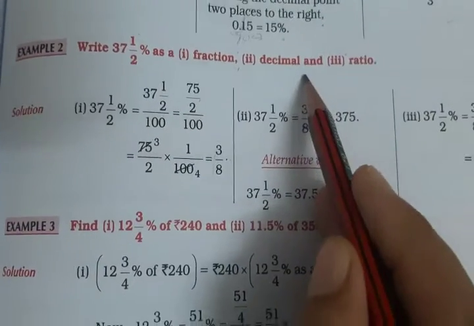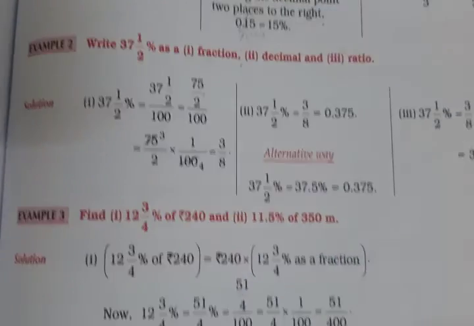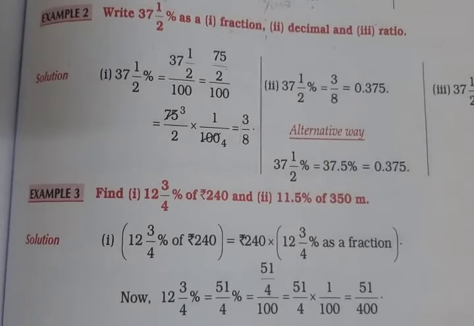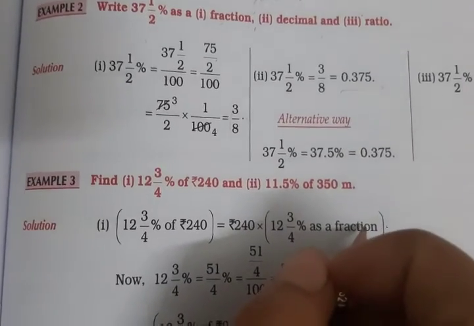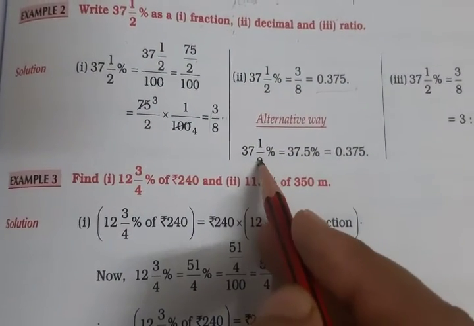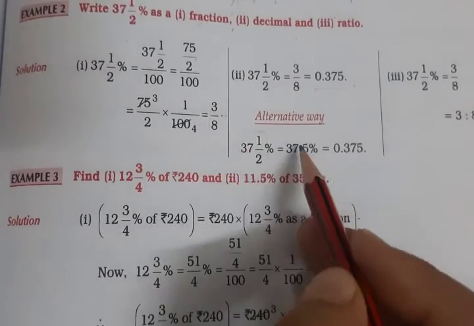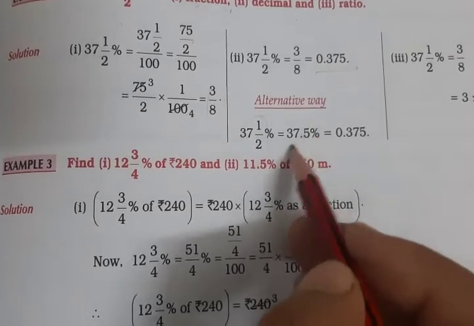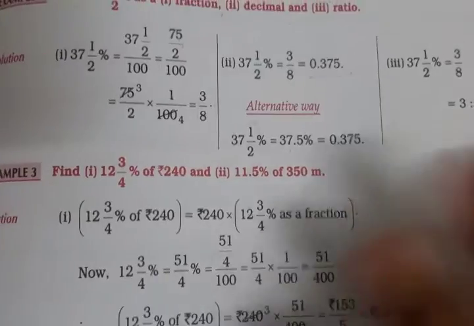Second one is the decimal. Now what we will do, simple, we will put 100 over here, and after that cut it and divide, and we will get the percentage. Understand? Next alternative method is, firstly we will solve this one, after that percentage as it is, and we remove this, that means again we will put it over 100 here, and simple also we will shift the decimal here.